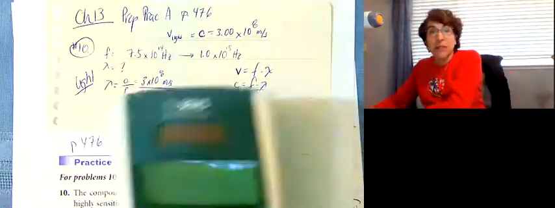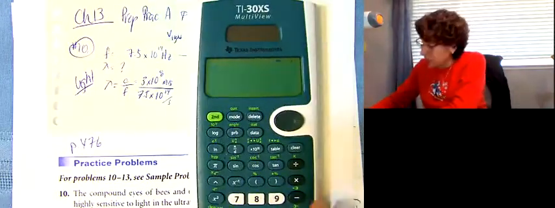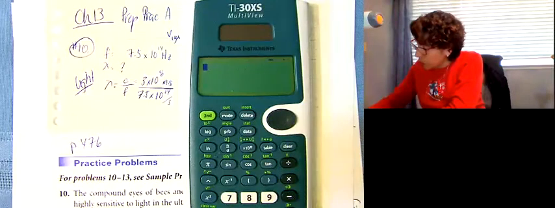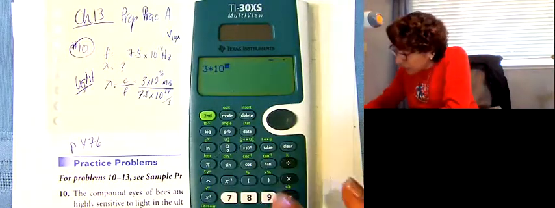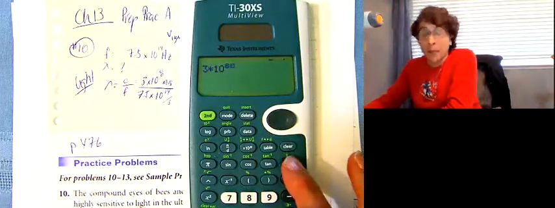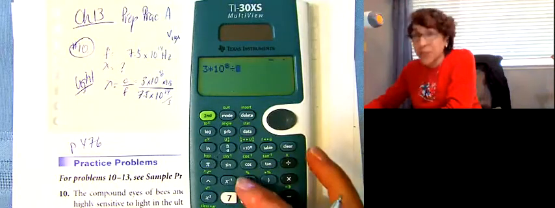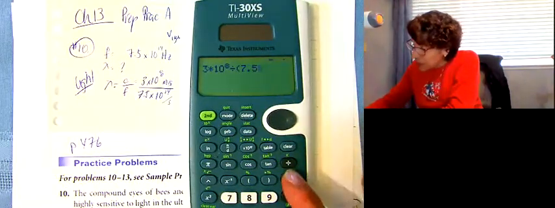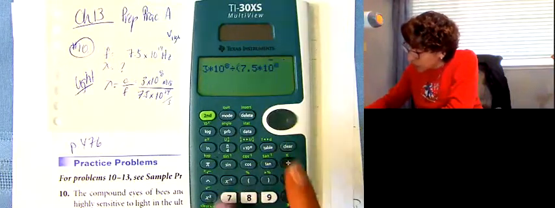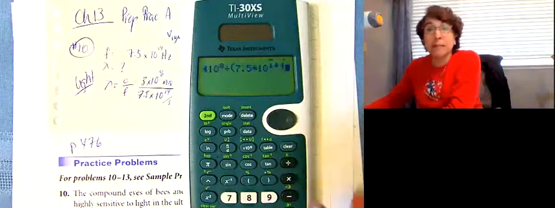Let's see what that is. Again, parentheses are your friends. I'm going to say 3 times 10 to the 8th, divided by, and I need parentheses to make sure it's the whole denominator, 7.5 times 10 to the 14, and close the parentheses.